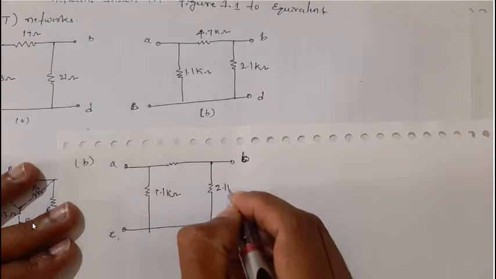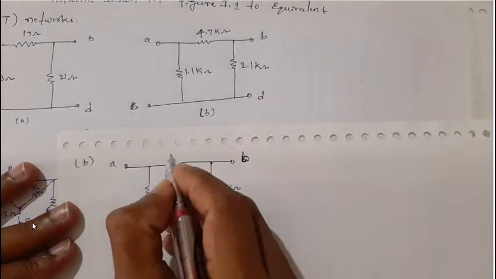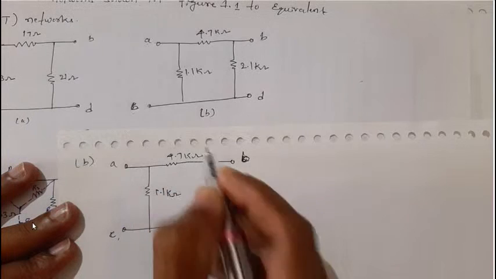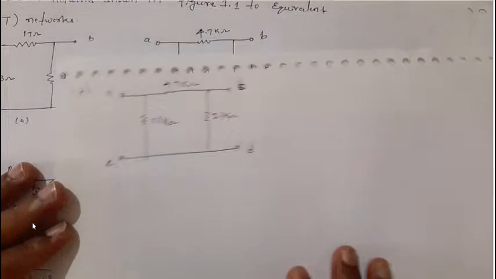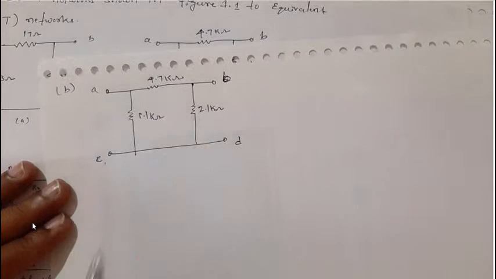This is 2.1 kilo ohm, here 1.1 kilo ohm, and this is 4.7 kilo ohm. So now I will directly convert this to an equivalent Y network.